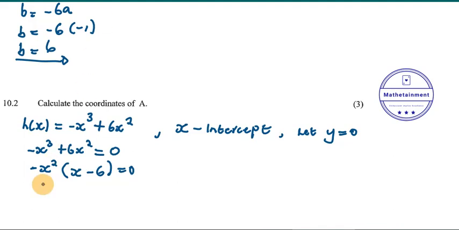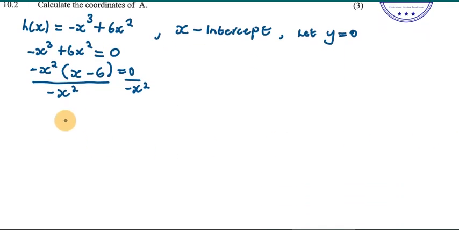So here you can divide both sides by minus x squared. You are now left with x minus 6, which is equal to 0. So the value of x is equal to 6.